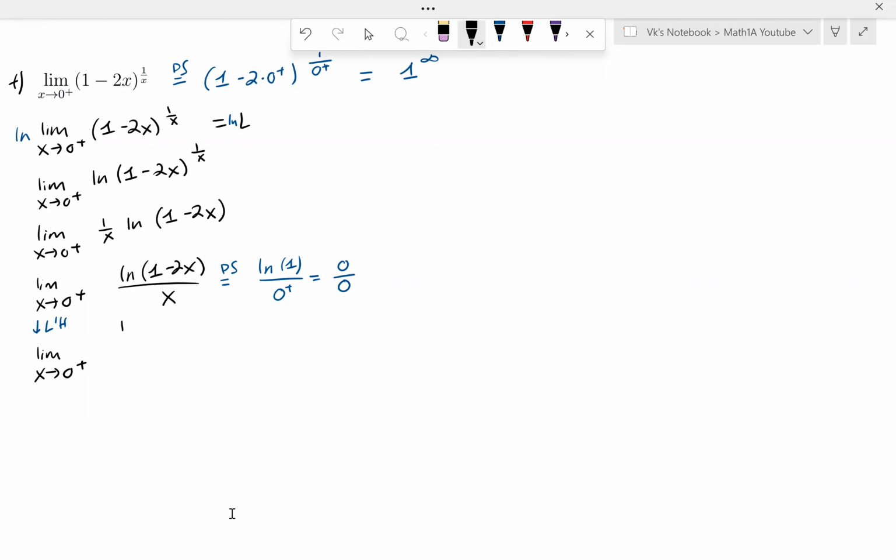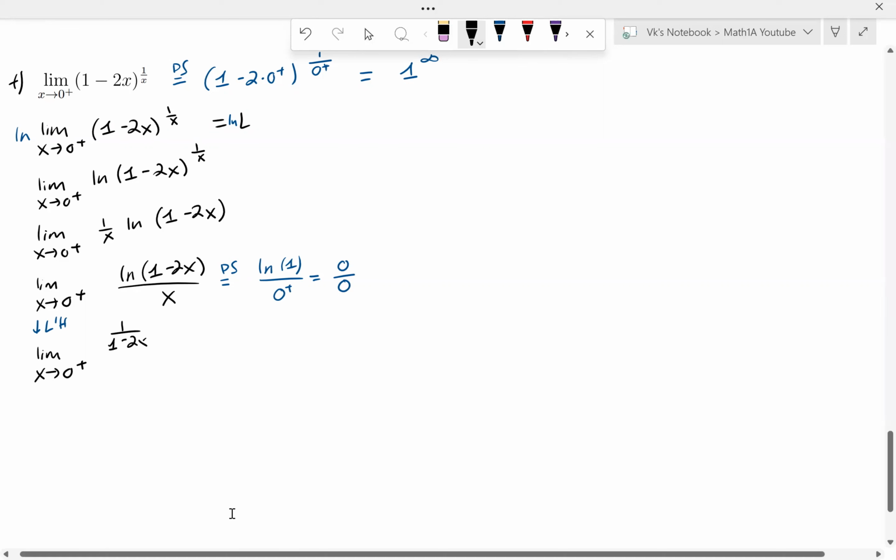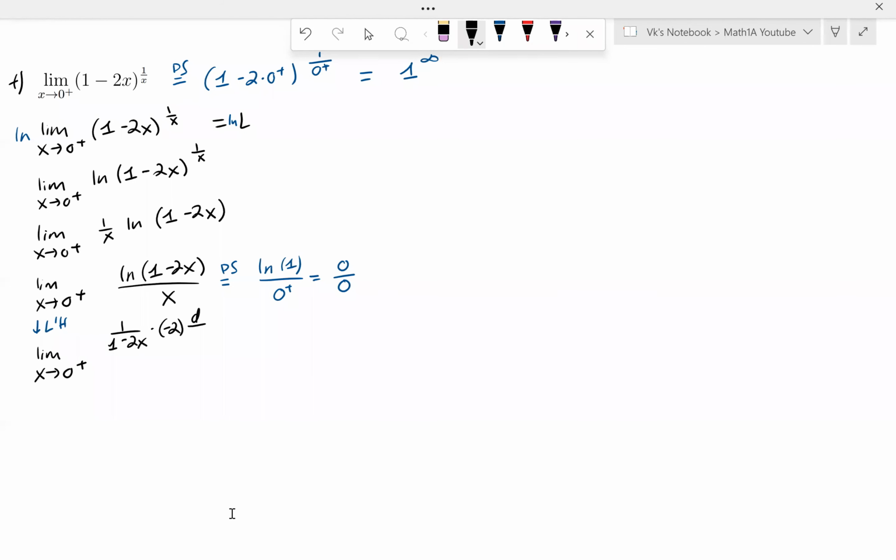The derivative of the top is 1 over 1 minus 2x, multiplied by negative 2. And down here, the derivative of x is 1. We'll simplify this to the limit as x goes to 0 from the right side of negative 2 over 1 minus 2x.